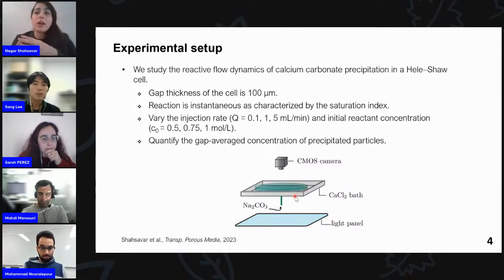When we have more precipitation in the gap, it blocks more of the light, so we can see that the intensity decreases more. By doing the image analysis, we can have a semi-function of how much precipitation we have in the gap.